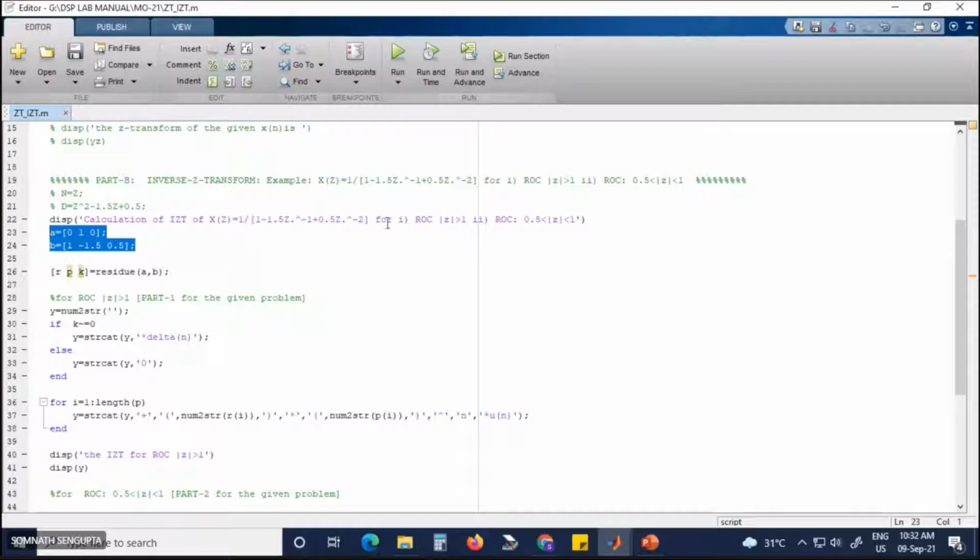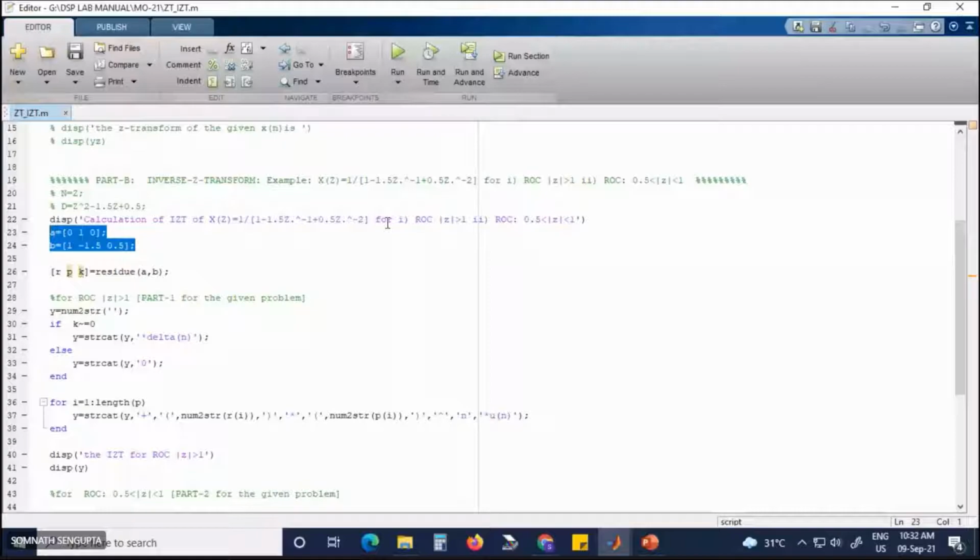But you have to represent in terms of X(z) by z, so the power of the numerator will be reduced by 1. Earlier it was z squared, now it will be z. So the numerator coefficients array would be 0, 1, 0, because the z squared term is absent, so its coefficient is 0.